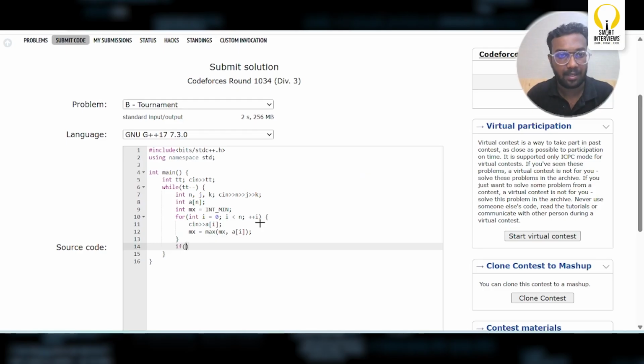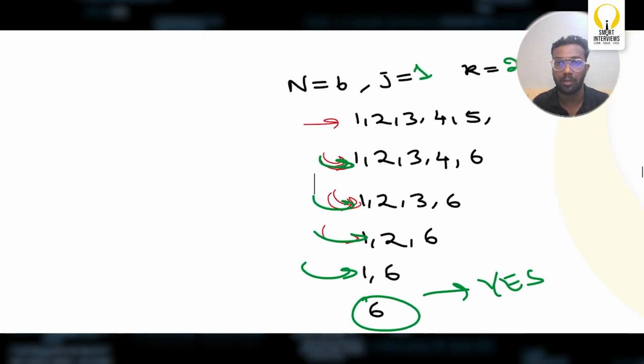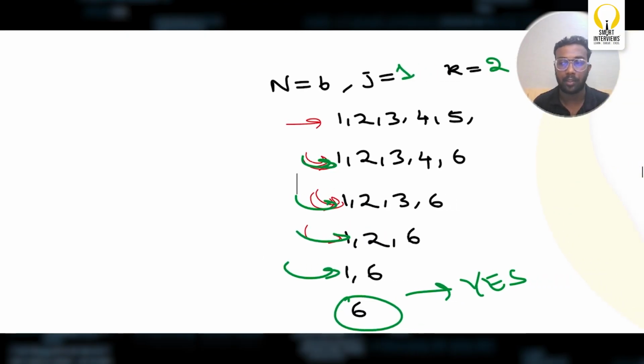I'll simply print if k is greater than 1 or... so did we use j anywhere? A of j is the person who we want to take till the end, right?